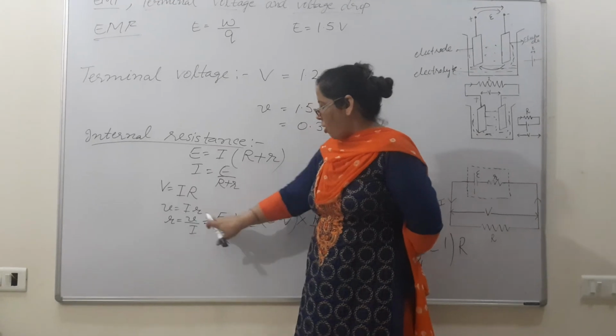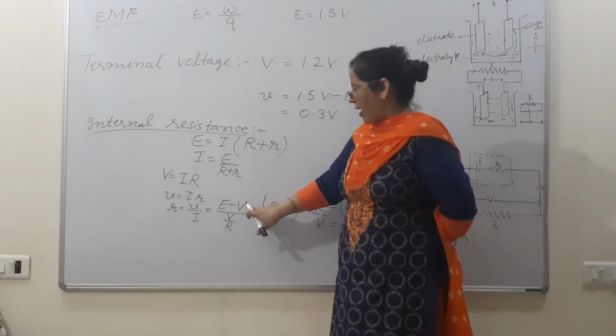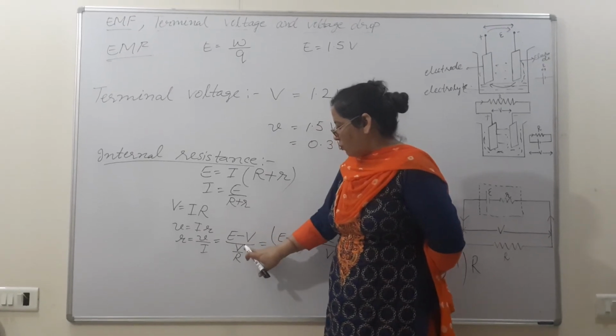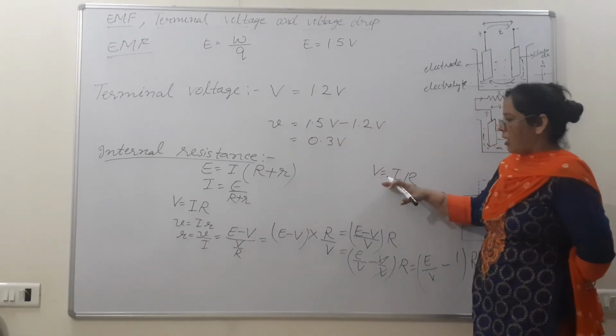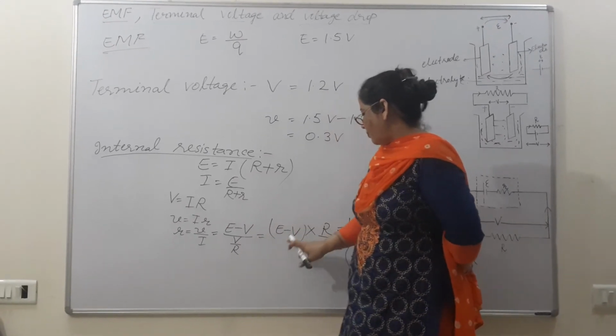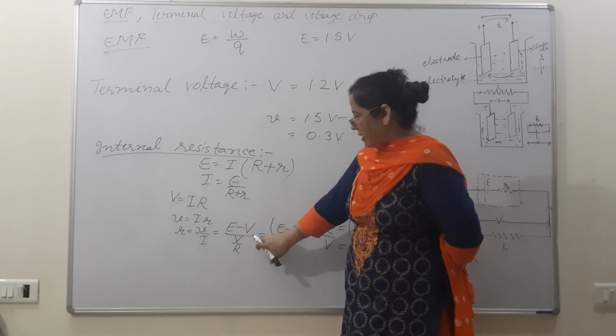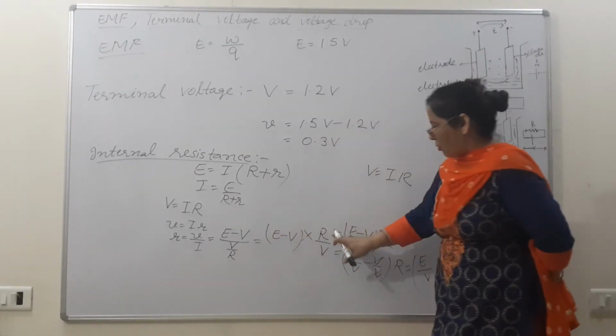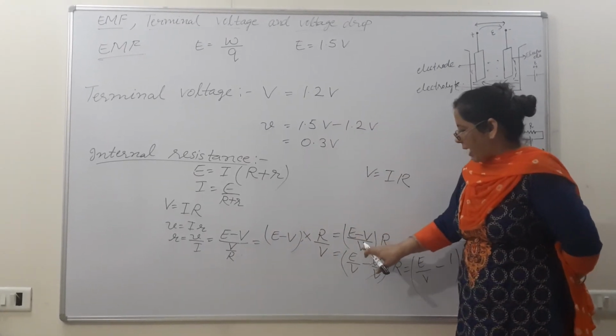Then voltage drop will be the difference between EMF and terminal voltage. I will be equal to, from Ohm's law or from this formula we find the value, V divided by R. Then after that we change this division sign to multiplication, so this value will get reciprocated. Then we separate the terms.